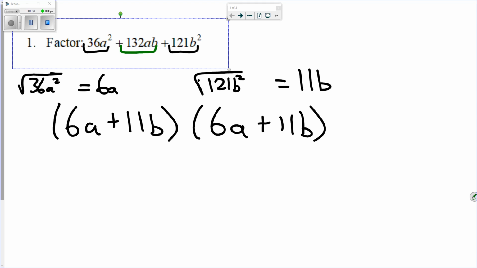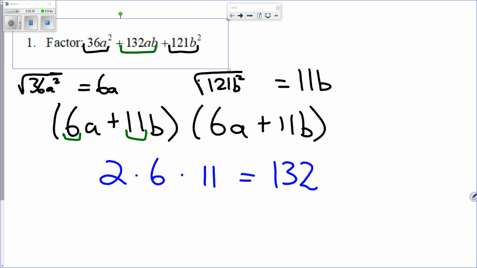So we can check to see if this is going to work. And we do it by taking this coefficient, and we multiply 2 times the 6 times the 11, and we'll get 132.